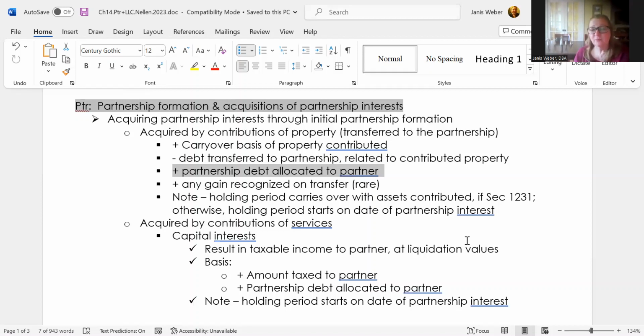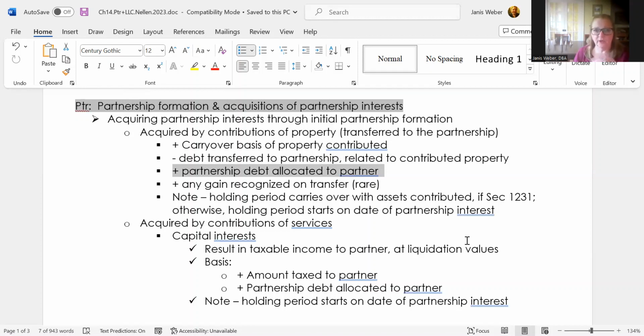Then my share of the partnership debt that I'm taking on as I sign the line to say, yes, I want to be a partner in ABC partnership, if my share of that is another $30,000, then my basis in the whole partnership investment now is $80,000 from the assets I contributed plus $30,000 for the debt I took on. Okay, so then if there was any gain related to the transfer, which is very unlikely because it doesn't happen very often, but it is possible, if there were any gain recognized when you transferred, that would also increase your basis.